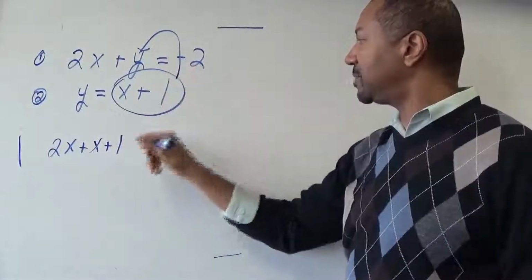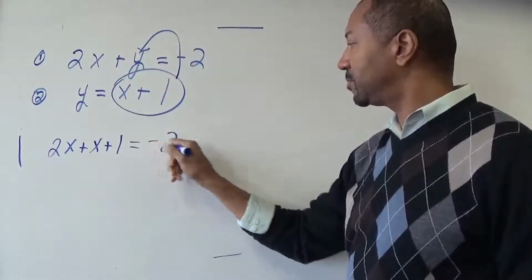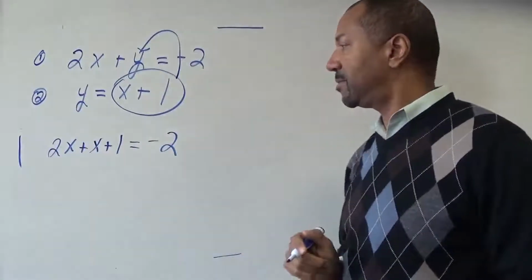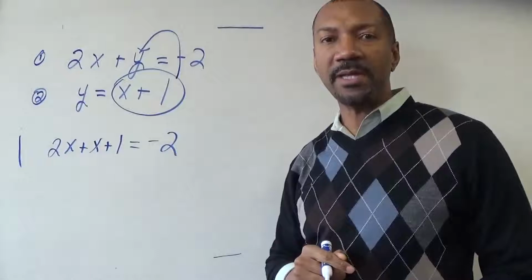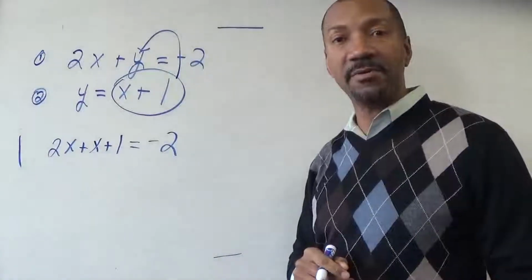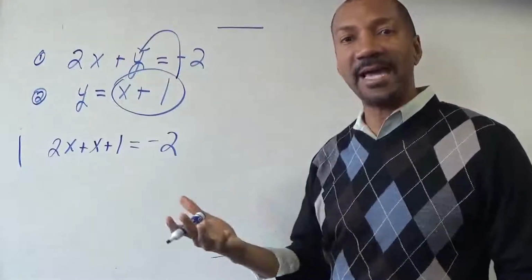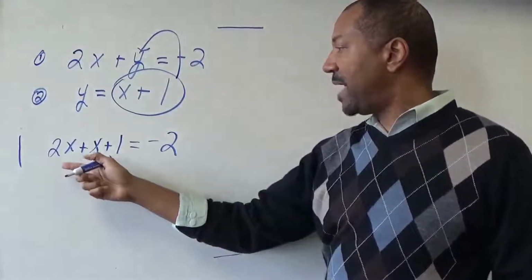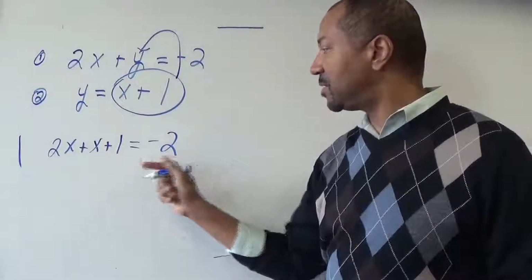And that's going to be equal to -2. Now look at this. We have one equation and only one variable. And that one variable that we have to solve for is x. So let's go ahead and solve for x in this equation.